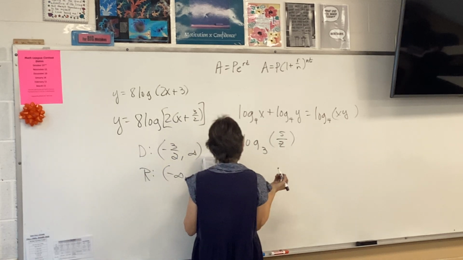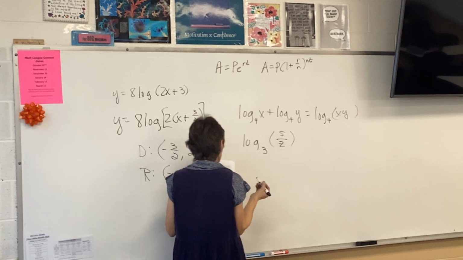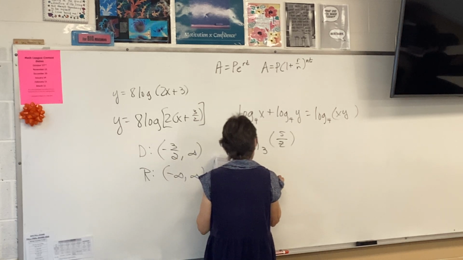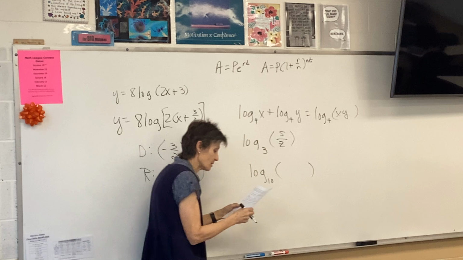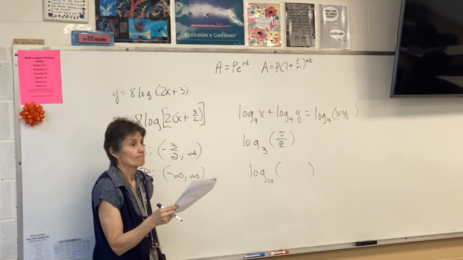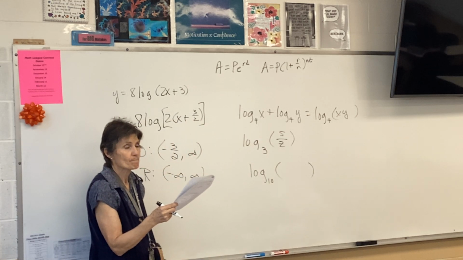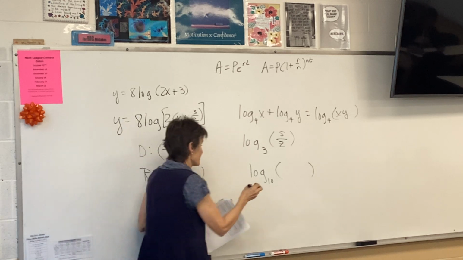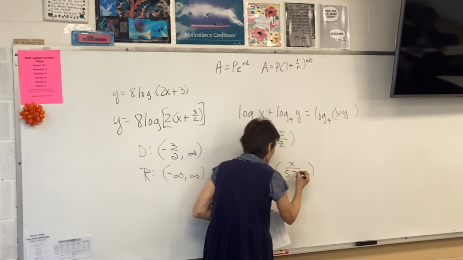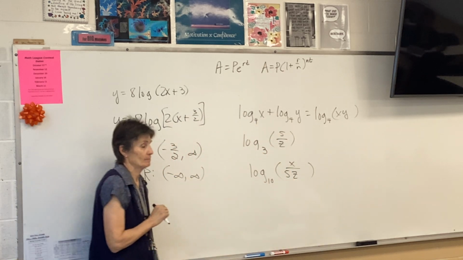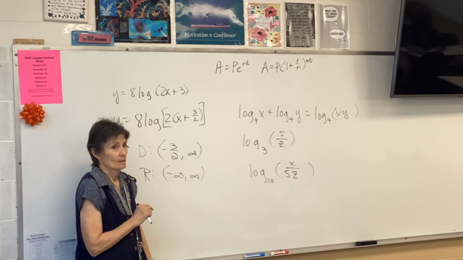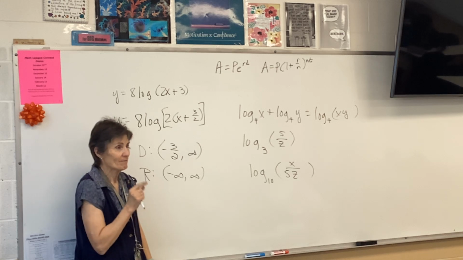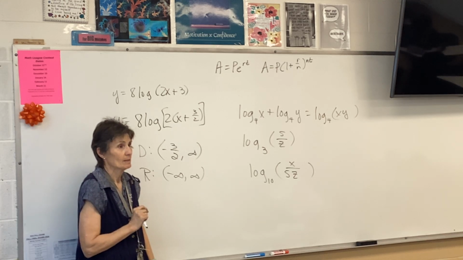All right, now C is a little bit tricky. What do you think about it? Log base 10 of what? What do you think we're gonna have in there? Take a guess. Al? Log, x divided by 5z. X divided by 5z. He is exactly right. Why is it divided by 5 and z?